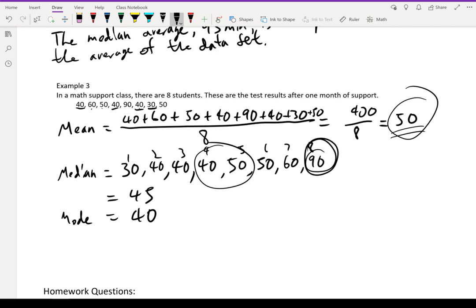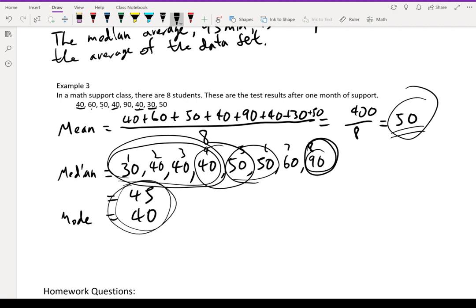So 50 is not really a good representative of the data. There are 2 people that scored 50, but more people scored on the lower end of the results. So the median 45 and the mode 40 would be a better representative of the averages.